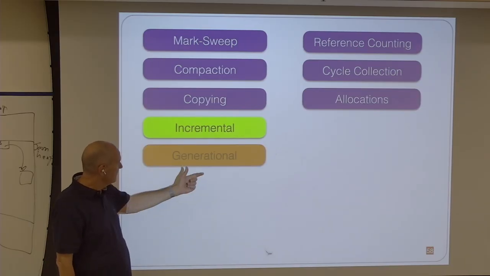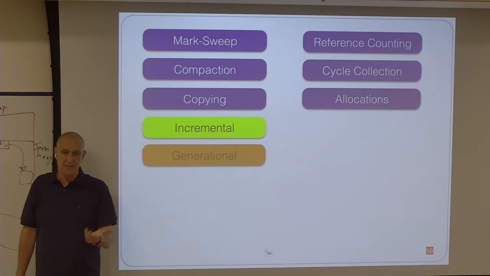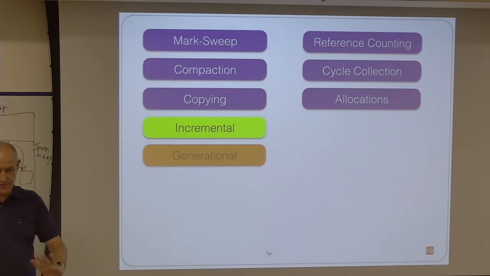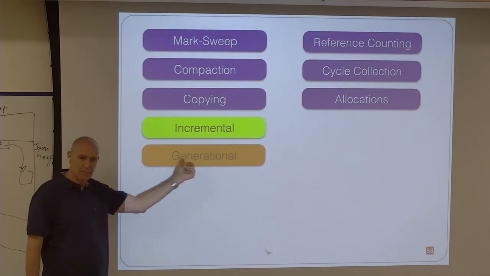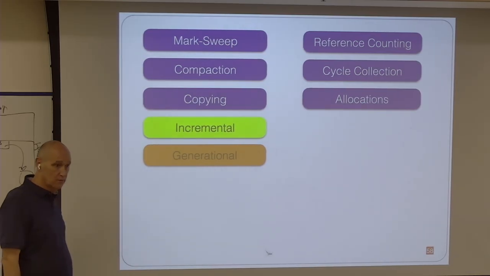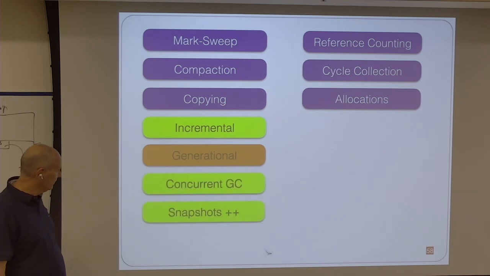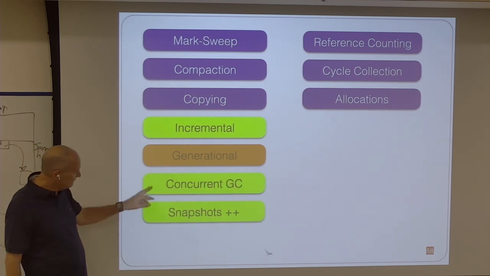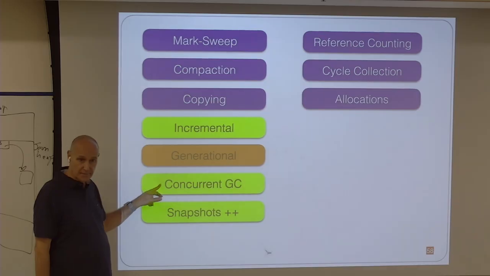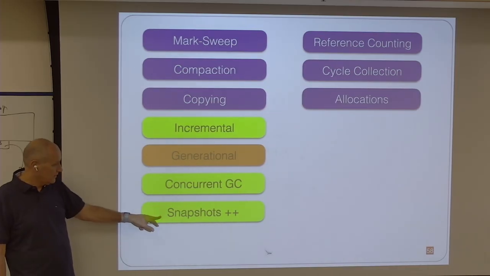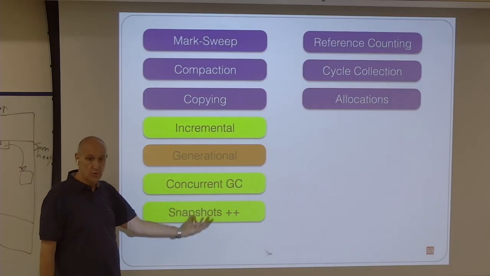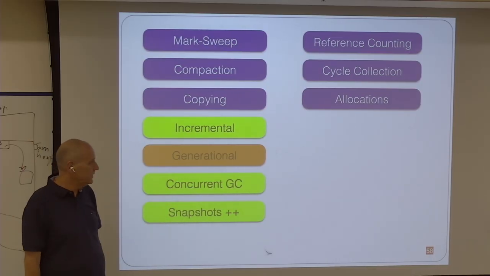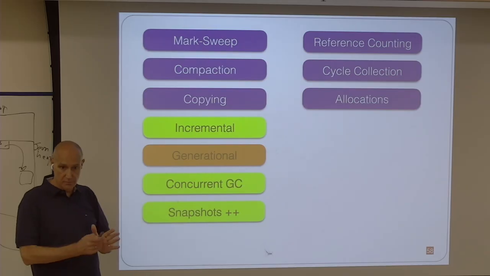And generations is something that basically all garbage collectors use today. We'll talk about it in one of the weeks, and I will not go into it here. Concurrency of garbage collection and snapshots, which use multi-core to become faster and shorten the pauses.